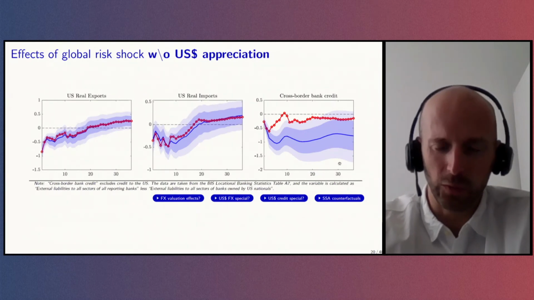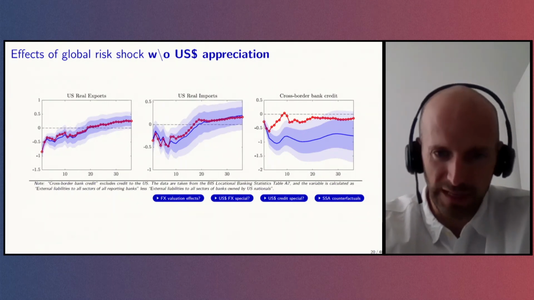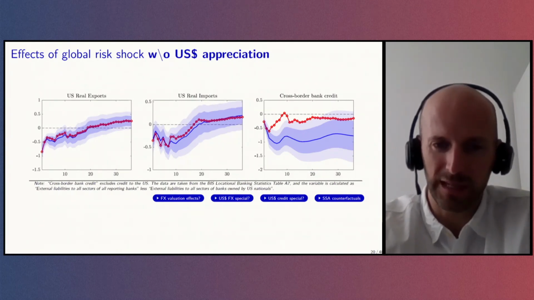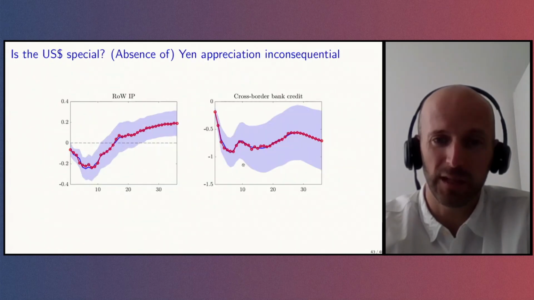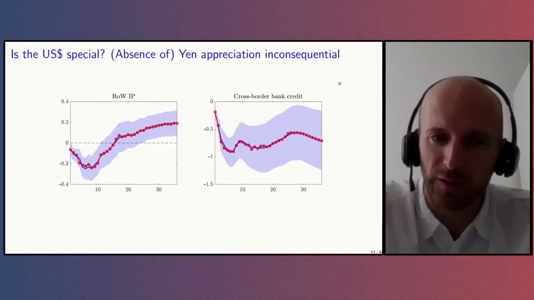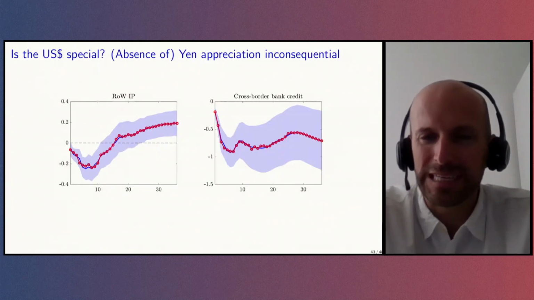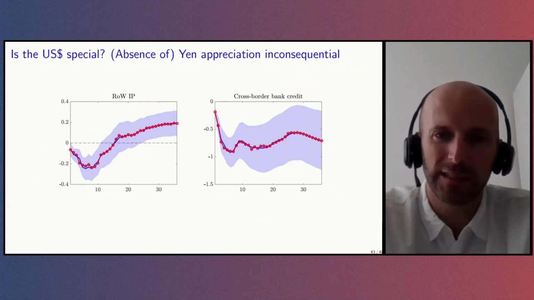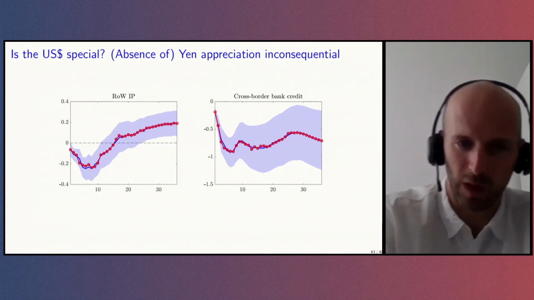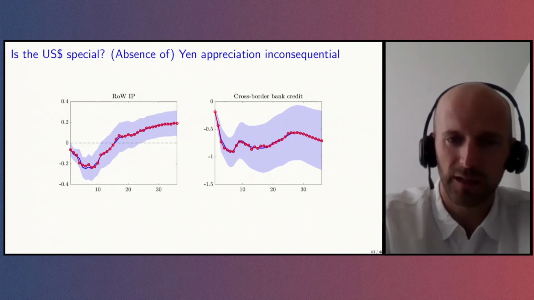Another thing that we do is, again, a placebo test. Remember, we also found that the yen appreciates in response to a global risk shock. So what we ask here is, let's do an alternative counterfactual, one in which we prevent yen appreciation and not dollar appreciation. And what we find is that in this counterfactual, in which the yen doesn't appreciate in response to a global risk shock while the dollar still appreciates, there's actually no difference.